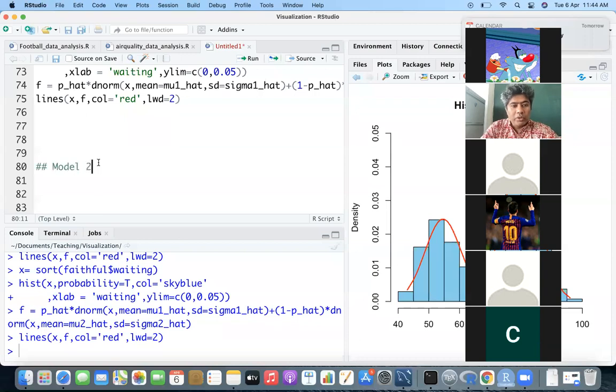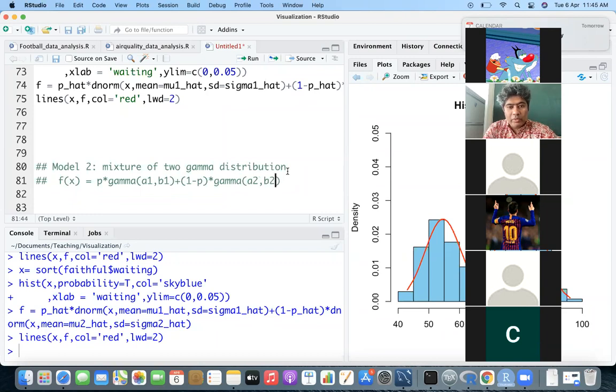Model 2 will be a mixture of two gamma distributions. It will be something like this: f of x equals p times gamma with alpha 1, beta 1, plus 1 minus p times gamma with a2, b2.